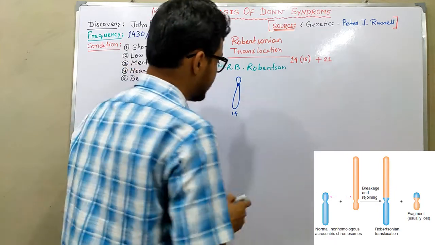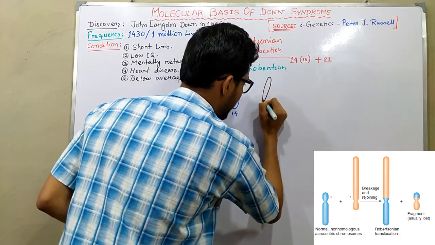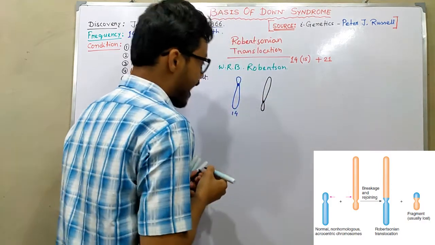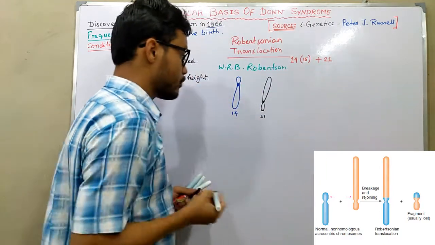So here, chromosome number 14 and chromosome number 21 exchange their segments with each other, and it produces a particular translocation.